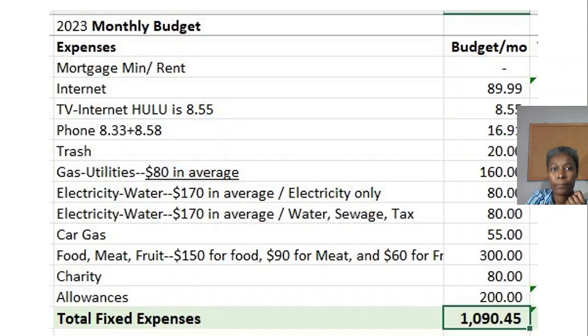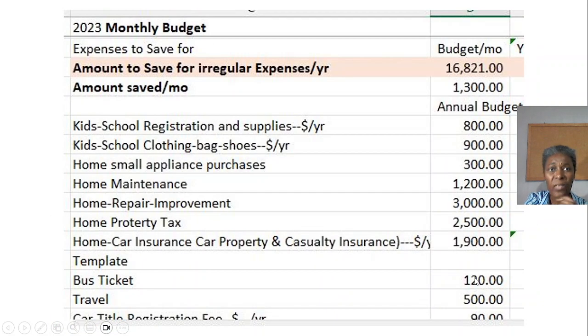And we have an example of a budget here. It's good to have your budget to know what your monthly budgets are without debt that you can work with, and then have your irregular expenses as well that you save for.